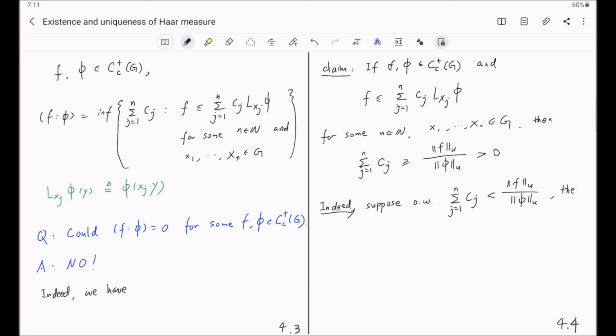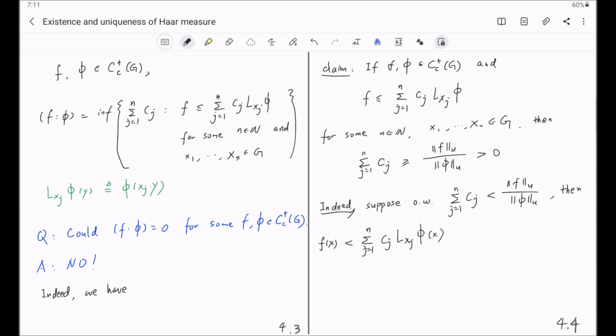Then f of x is less than the summation from j equal to 1 to n of C sub j times the left translation of phi by xj acting on x.